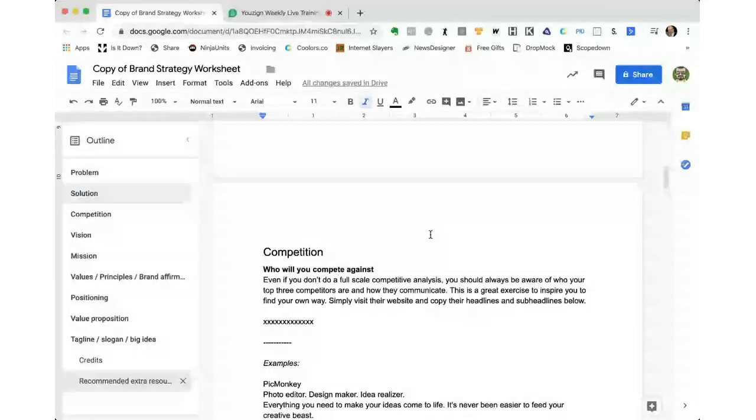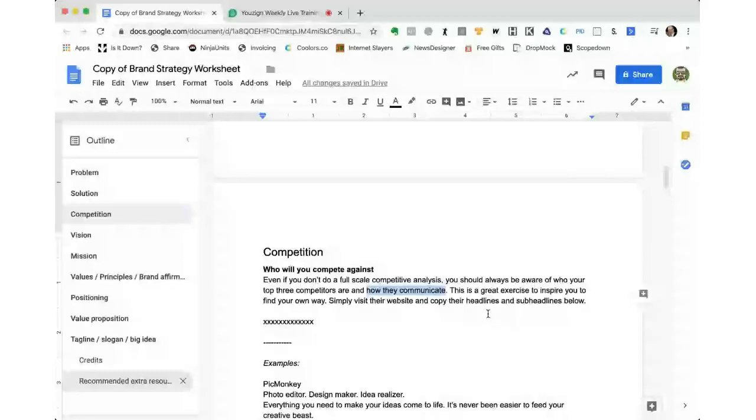Even if you don't do a full-scale competitive analysis, and you should do that at some point in time, you should always be aware of who your top 3 competitors are and how they communicate. And I'm going to tell you what the most important part is right here, how they communicate. What are they saying that makes them distinctively stand out in the market?